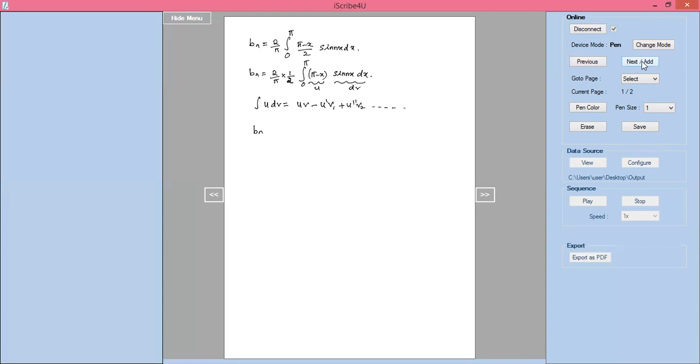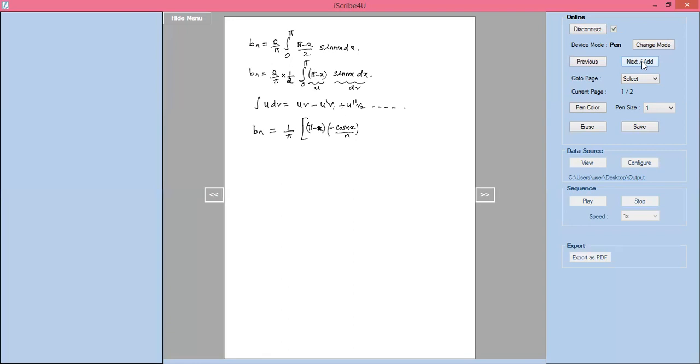Now bn equals 2 by pi into 1 by 2, which is 1 by pi, into the integration from 0 to pi. Applying the formula, pi minus x is u, into the integration of sin nx, which is minus cos nx divided by n.